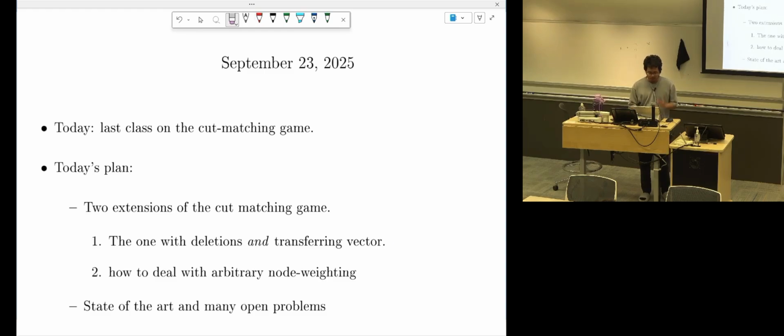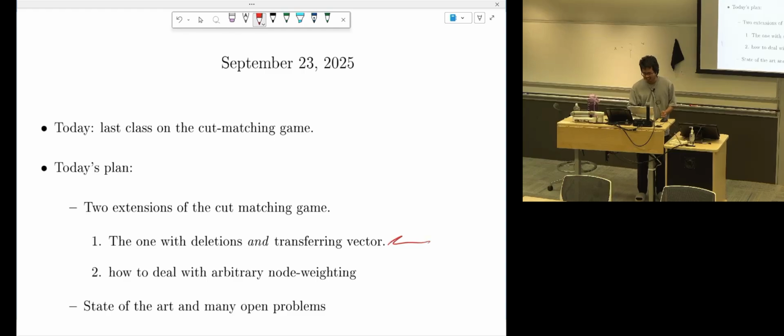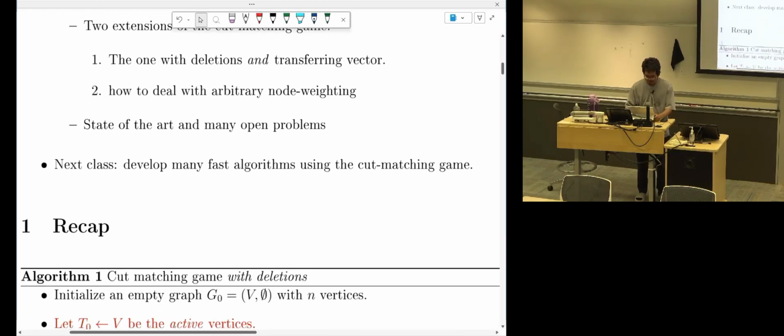With this, it's really going to give you the state of the art technique that leads to the fastest algorithm. That's why I teach you this.